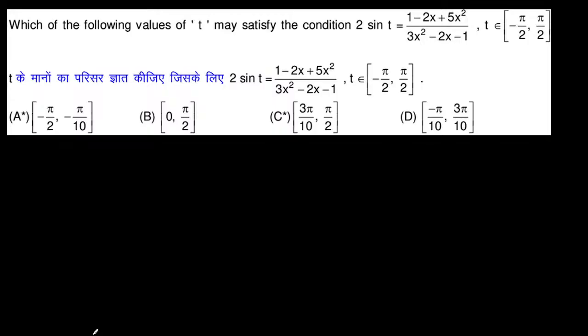Yes, so which of the following values of t may satisfy the condition 2 sin t equal to 1 minus 2x plus 5 square x square upon 3x square minus 2x minus 1? This will be very easy after studying quadratics. Otherwise it becomes a higher level question, so if we want to skip it, we can. Those who are here to study this one, for you it is skipping.